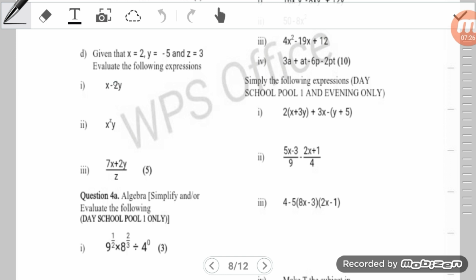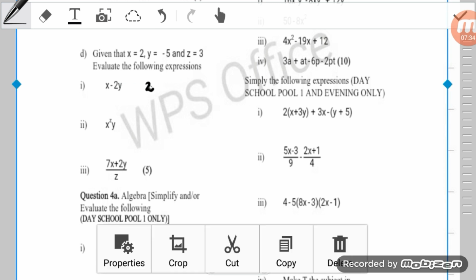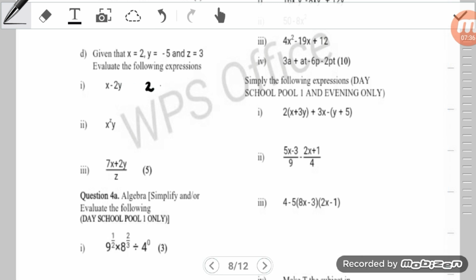So we have x take away 2 times the value of y. So x is actually equal to 2. And then we're going to take away 2 times the value of y. So that's 2 multiplied by the value of y, which in this case is -5. Let's proceed here. 2 take away 2 times -5. If you notice, the negative on the outside here belongs to the 2.